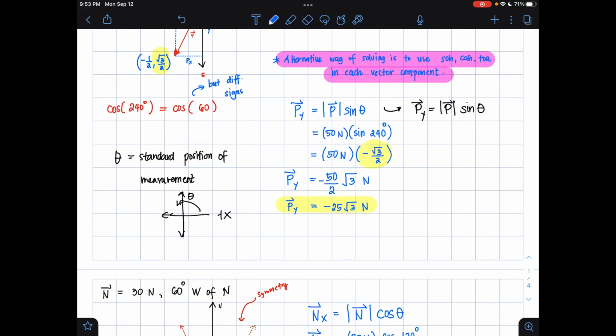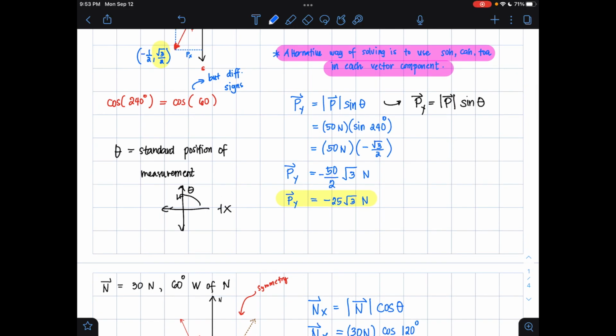Now, you just do some manipulation, so you will be getting negative 50 over 2 square root of 3, or the y component here is equal to negative 25 square root of 3 newtons. Okay, if you want to review this section of the lecture, feel free to pause the video and replay it before proceeding to the second section.